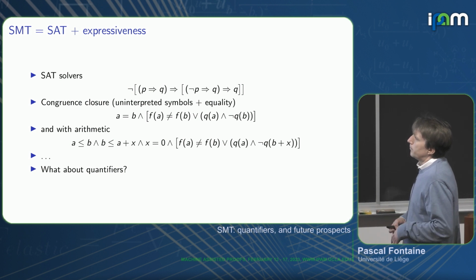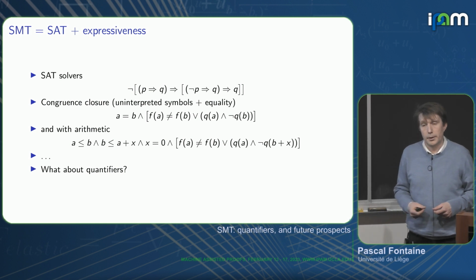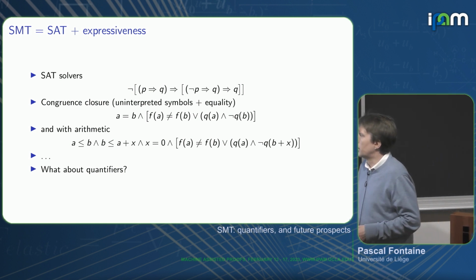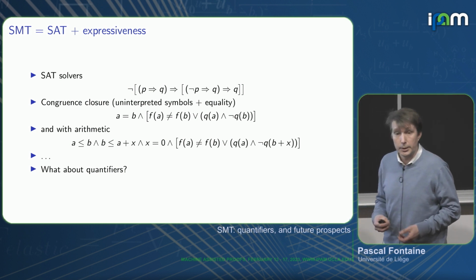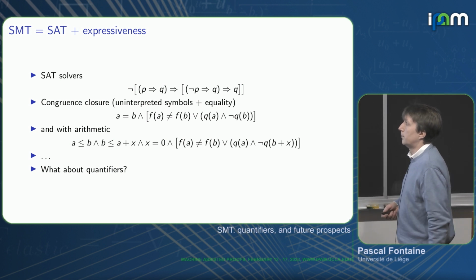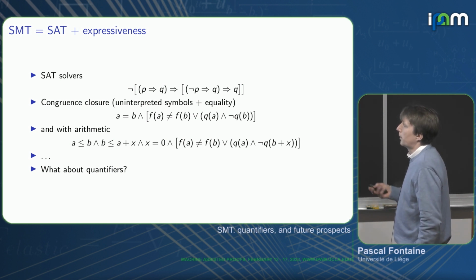At the beginning, SMT solvers were essentially decision procedures for ground logics. And the first thing you want to add is the capability to reason about equalities and functions that are not defined, basically, so uninterpreted symbols, okay? And you can give that to an SMT solver.